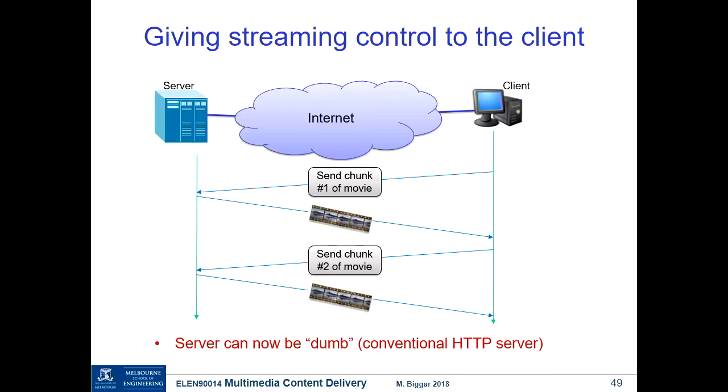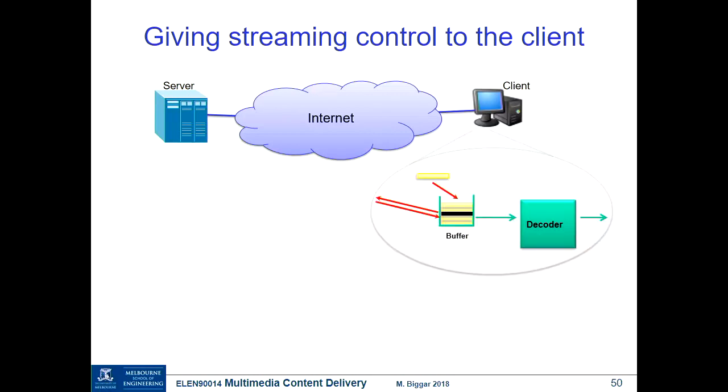I've got some result that indicates that later on. So let's just pursue this a little bit longer. If we're going to give streaming control to the client, what about this delay in this buffer? How are we going to handle that?